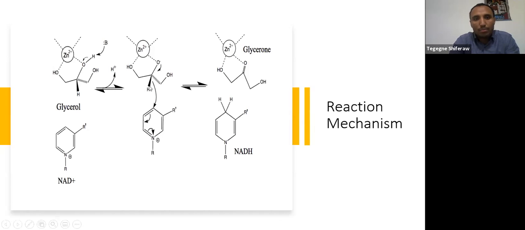Doing so pushes the hydrogen to be a hydride ion that is nucleophilic towards the nicotinamide ring. Therefore, the nitrogen that was positively charged now becomes neutral with zero charge. It will have lone pairs, and because of that, NAD+ is converted into NADH. So in the whole process, glycerol is being oxidized to glyceron, or dihydroxyacetone, whereas NAD+ is converted into NADH.